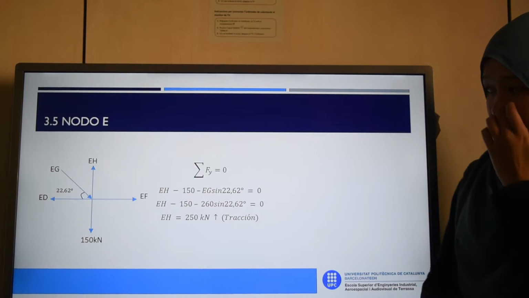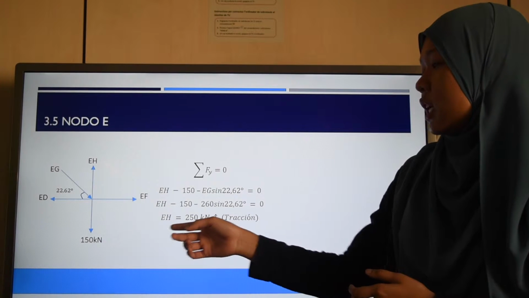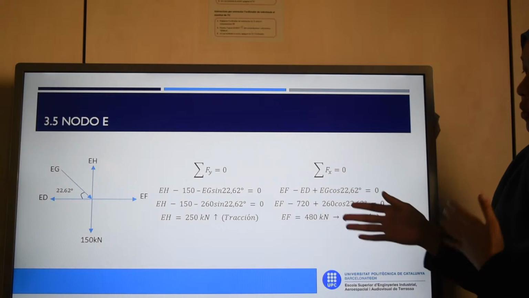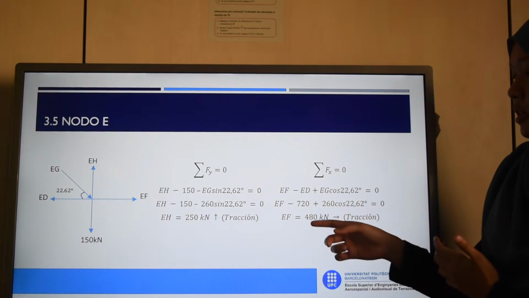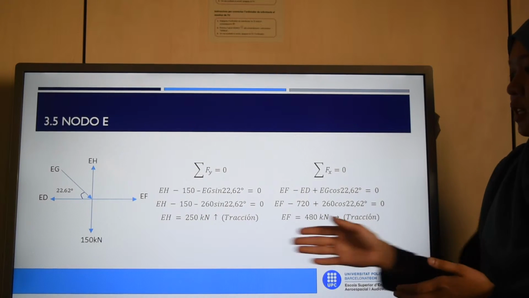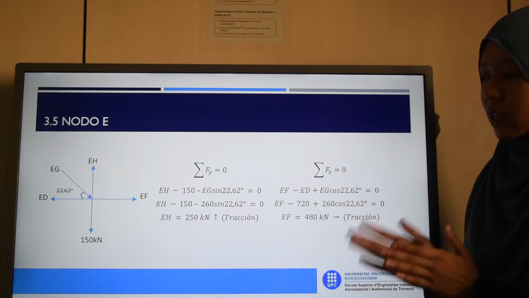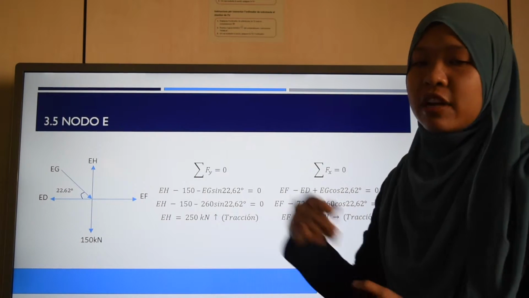By using the summation of forces on the vertical axis, we know that EH is 250 kilonewtons traction, and by doing the summation of forces on the horizontal axis, EF is 480 kilonewtons. Since both give us positive values, we know that our earlier hypothesis is correct, that EH and EF are traction forces.